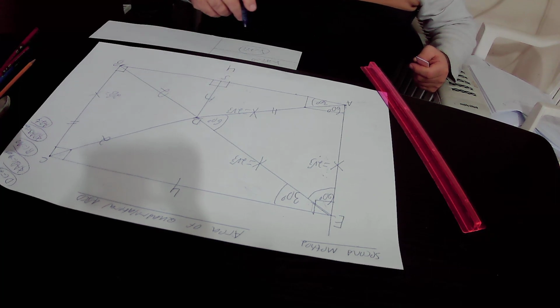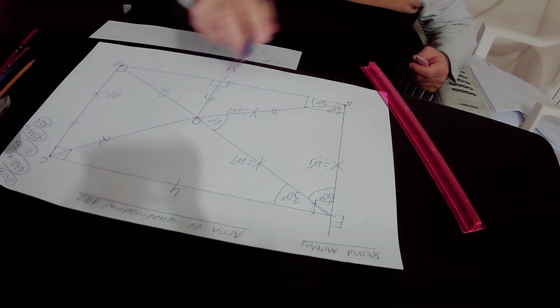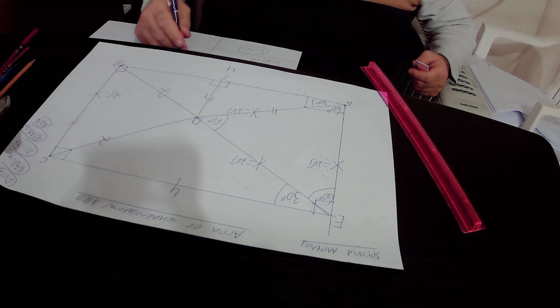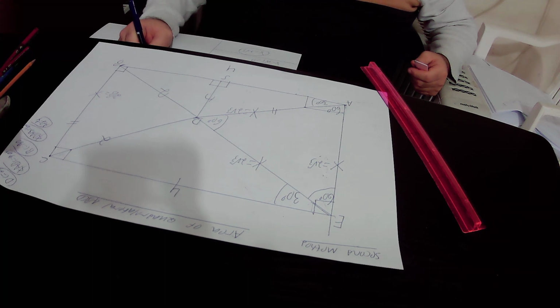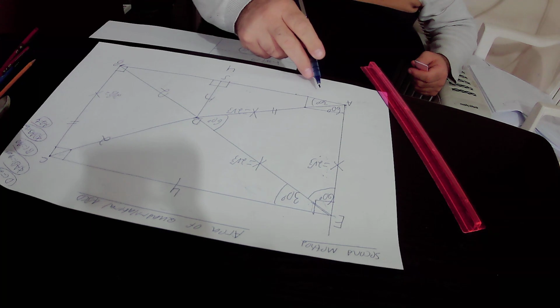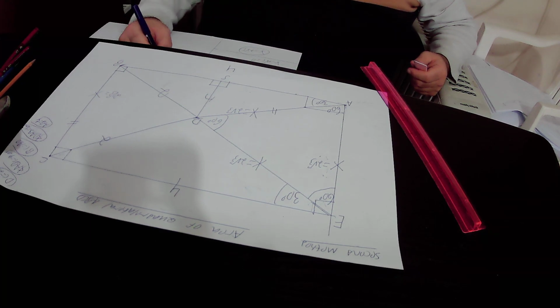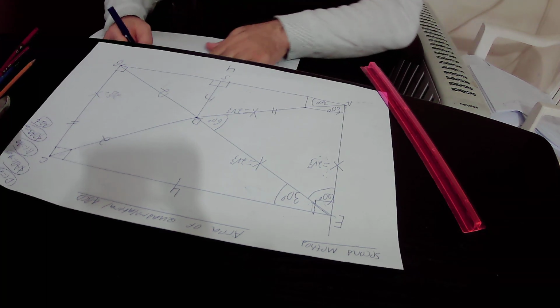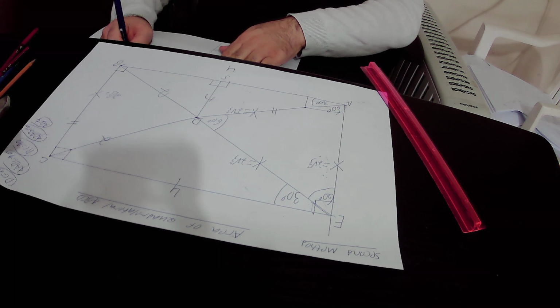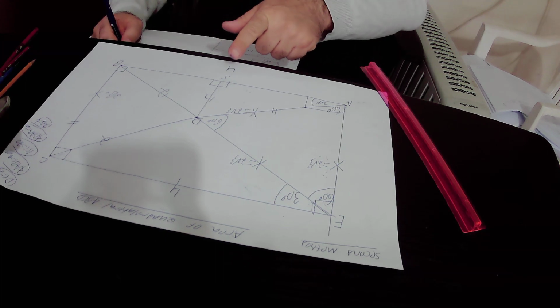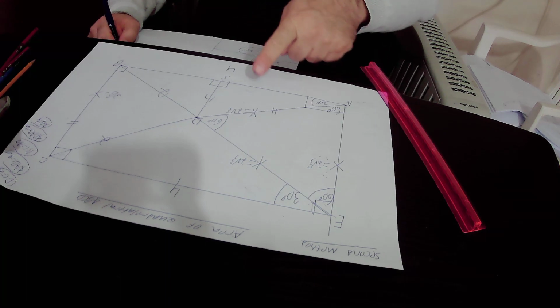So, we will focus on the right triangle ADS. On the right triangle ADS, sine 30 degrees equals h over x, that is 2 times square root of 3.